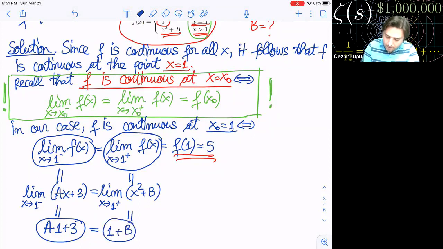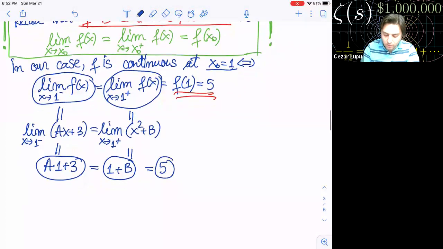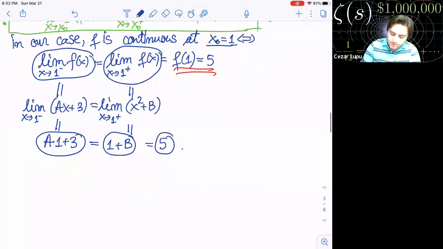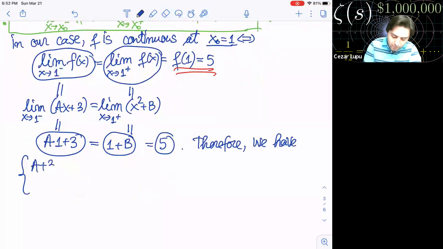Okay, great. And I also know that this is 5 as well. So now we have a system of 2 equations, 2 unknowns, right? Therefore, let's write it this way: a plus 3 equals 5, and b plus 1 equals 5.